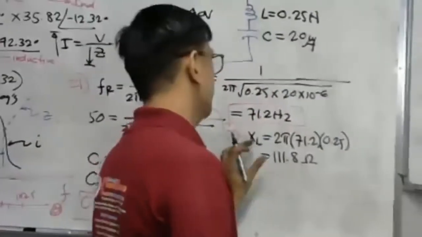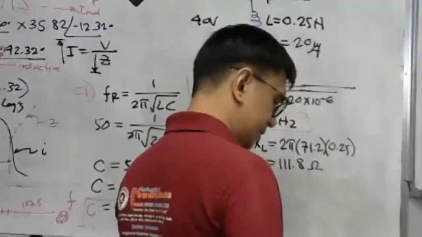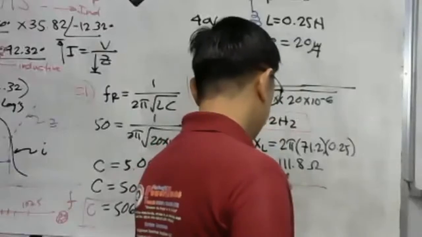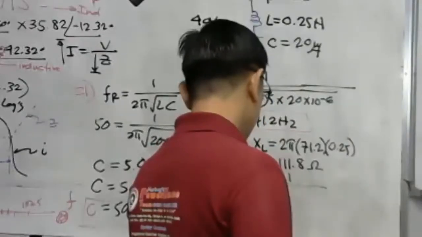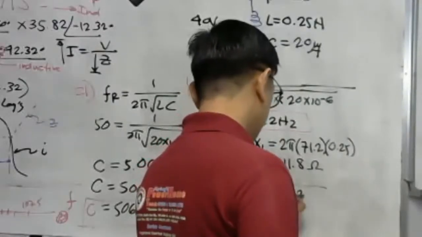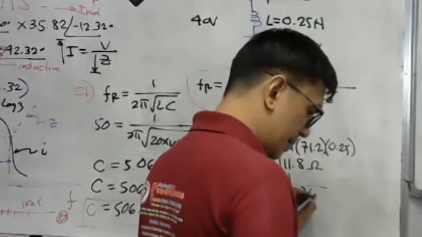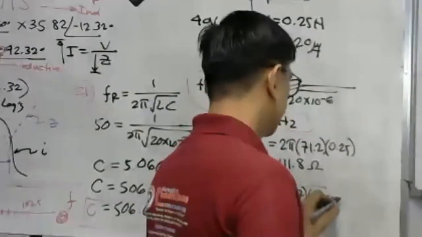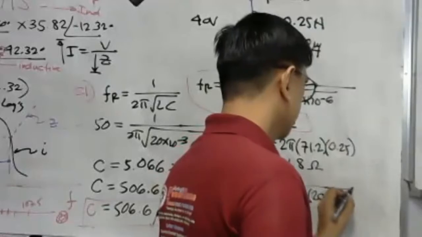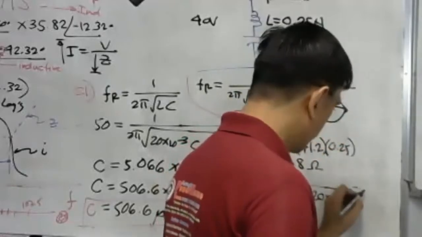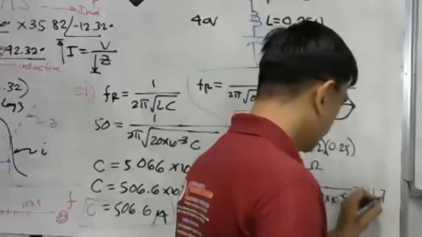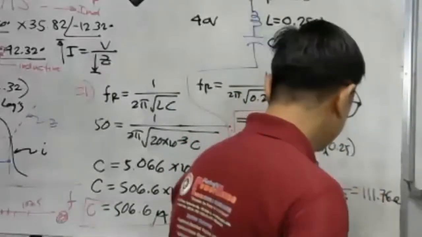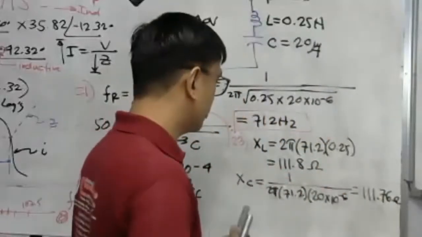What about our X sub C here? That is 1 over 2 pi, then 71.2, then 20 microfarad times 10 raised to negative 6. So the answer is 111.76. Actually, they should be the same because that is at resonant frequency.